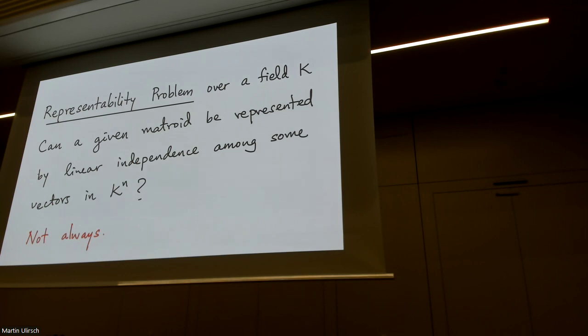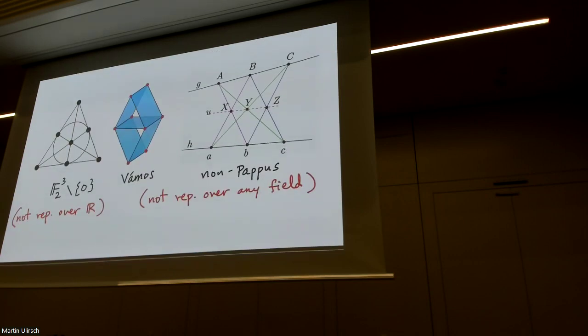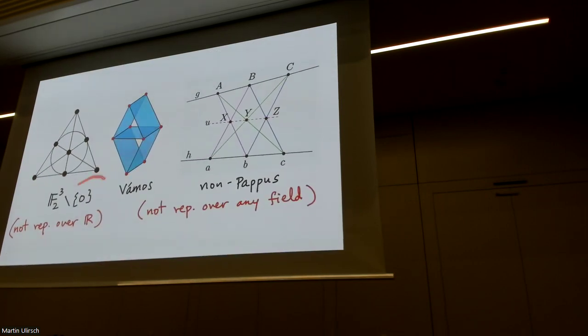And you cannot always do that. So for example, if you look at these 7 points, you can think of them as F2 to the 3, with the origin removed, right? While these are obviously vectors over F2, this linear independence structure cannot be represented over the real numbers, for example.